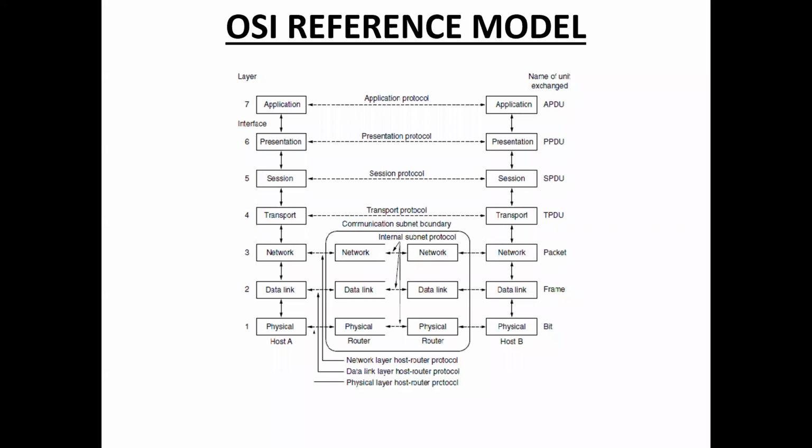So this is about the OSI reference model. It has 7 layers: physical layer, data link layer, network layer, transport, session, presentation, and application. Each layer performs a particular task.